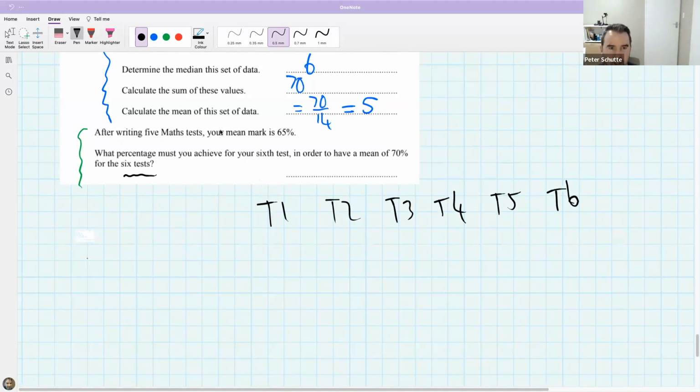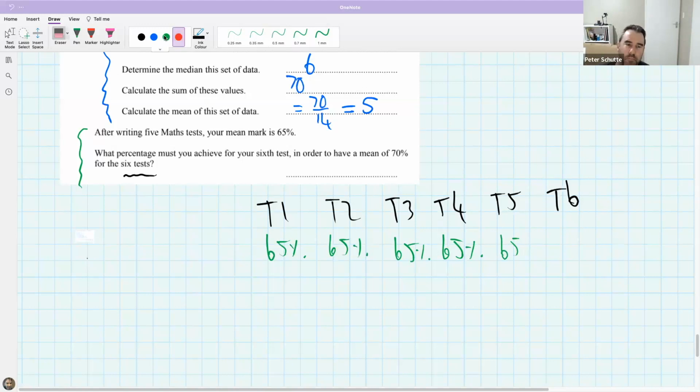I like that, yes. Well, what they've said is if your average for these ones is 65, 65, the problem we have, what's the problem?